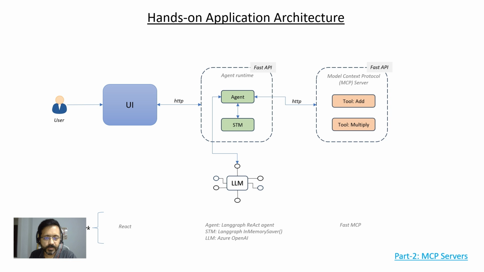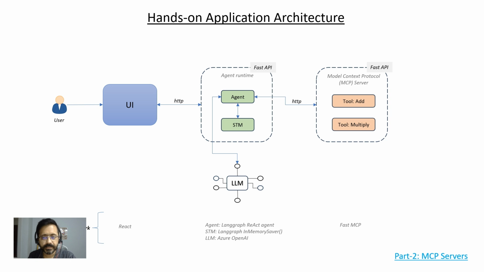I wouldn't focus too much here, but on the second layer, our agent runtime, where we'll be creating this agent using the LangGraph React agent, and then we will do STM or short-term memory management using the LangGraph in-memory saver, and we'll be using Azure OpenAI for our LLM logic.